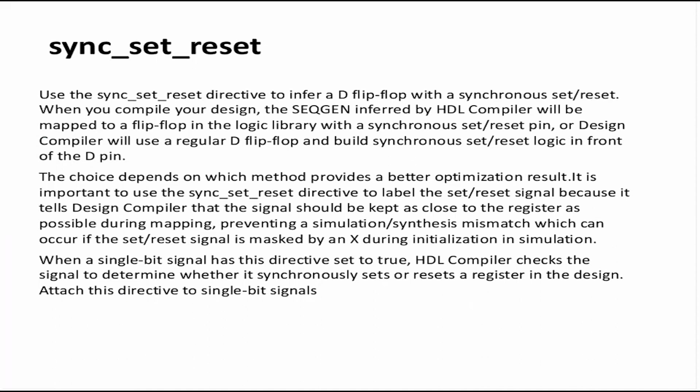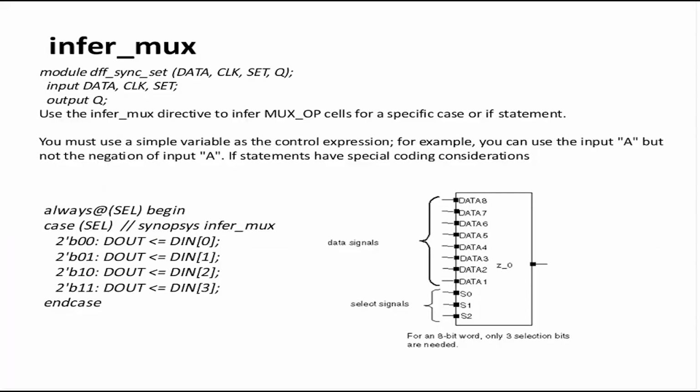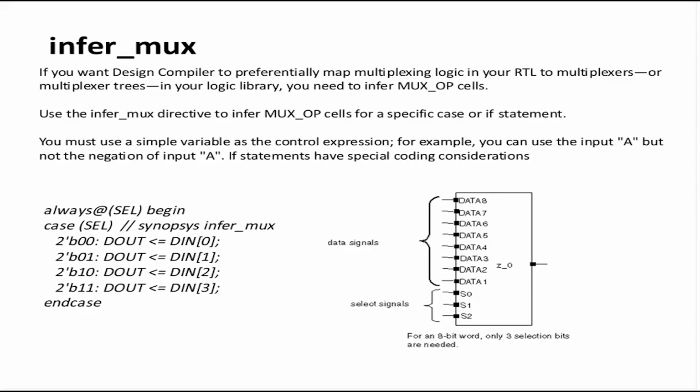Look at the inference reports. See that whatever you expected is there. If not, then you can study these directives and start using them. So that's why I am mentioning only the famous ones. Again, with infer mux, I would not recommend using it unless it's very much necessary.